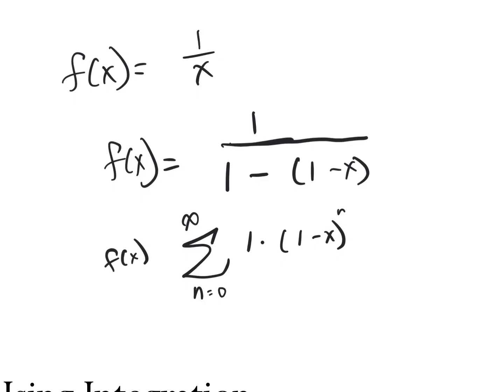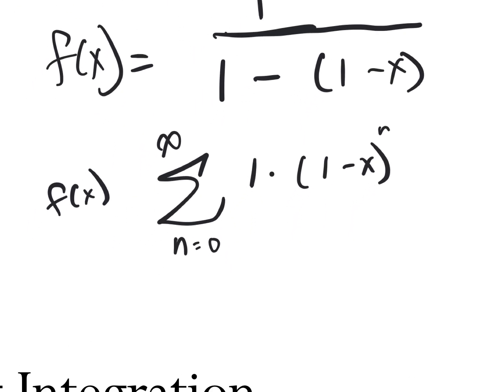And I might call this negative 1 to the n and then x minus 1 to the n, just to make figuring out my center, and the convergence and all that kind of stuff, a little bit easier. Is everybody comfortable with what I've got so far?